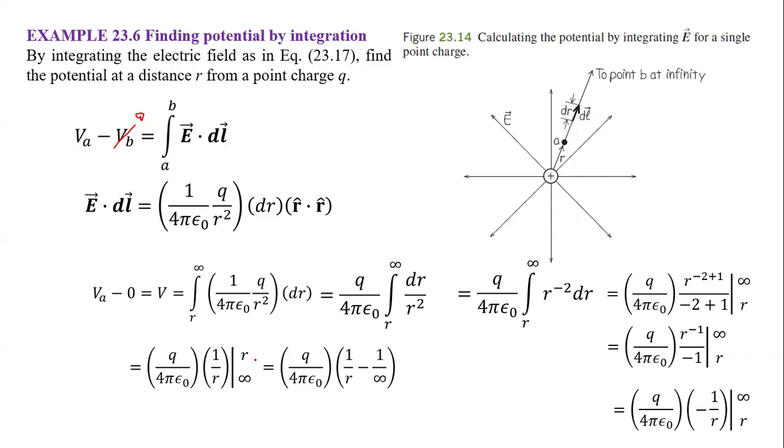Using the boundaries, the upper limit is r, minus the lower limit, infinity, which becomes 0. So we have the potential q over 4 pi epsilon naught r. This is how you find the potential by integration.